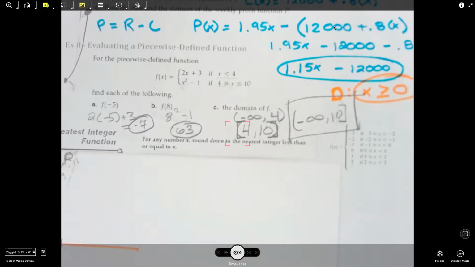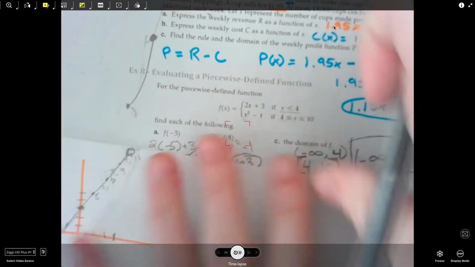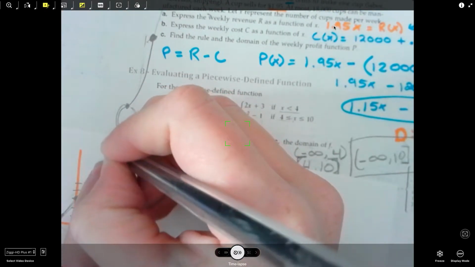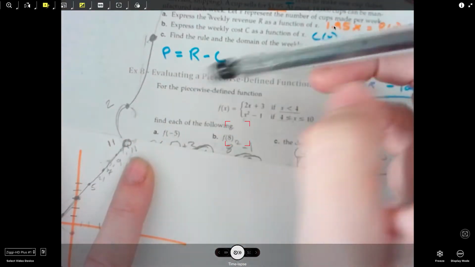Now, here's where it falls apart, okay? If I look at the range, and we've done range before of these guys, right? If I look at the range, it's going to skip over the values between 11 and 15.